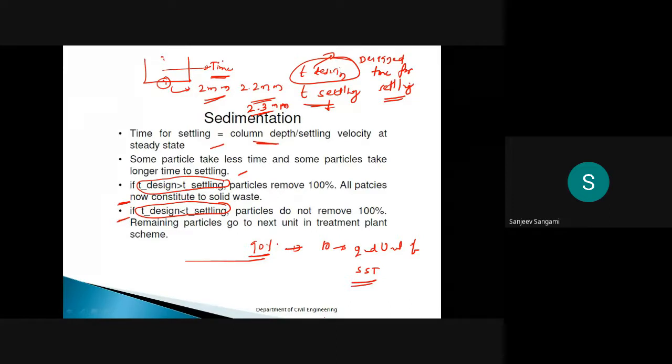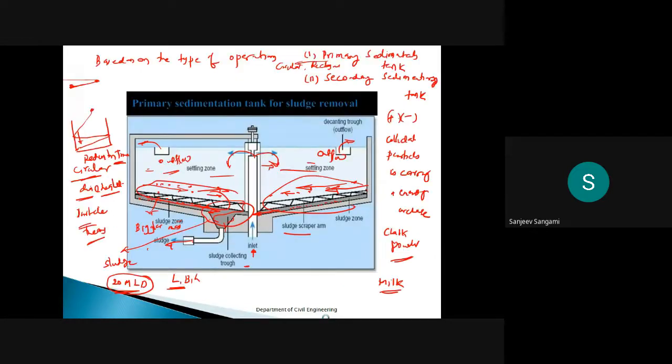Now you understood why the secondary settling tank is required. In the primary sedimentation tank, you cannot remove 100% of the particles; 10 to 20% will remain, and that can be removed in the secondary sedimentation tank.